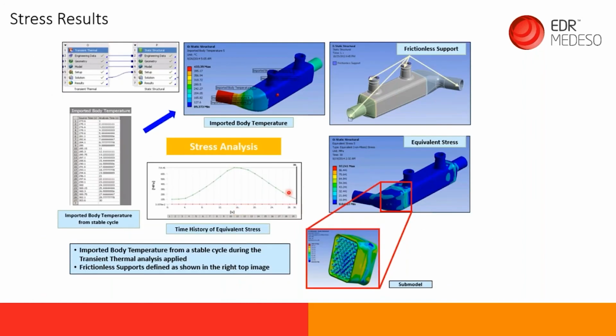So if we look at the results for the stress analysis here, we've got our supports here. We talked about that in the earlier example, and we've got our equivalent stresses here. So we can see how this structure is responding to a transient thermal shock or stress cycle.